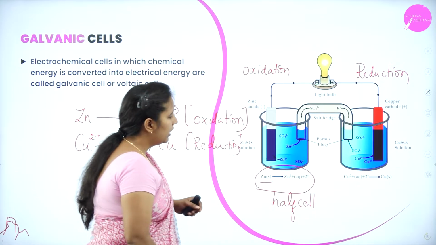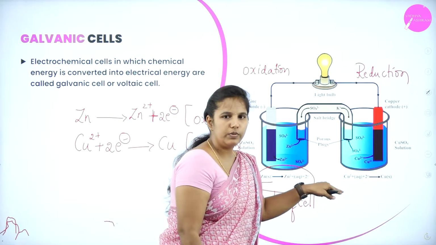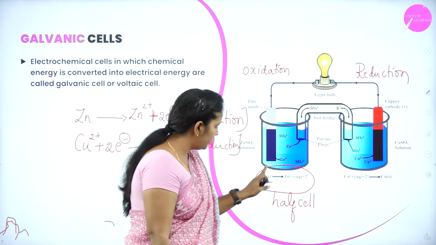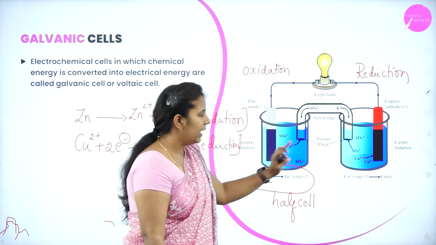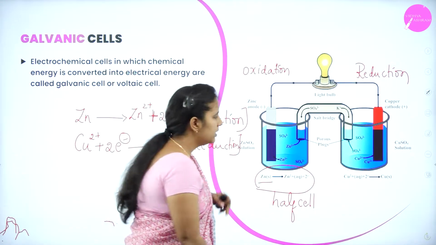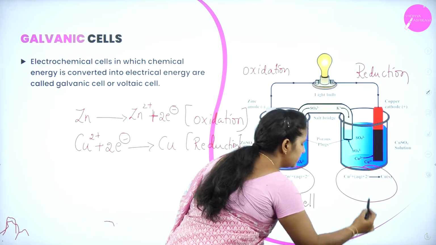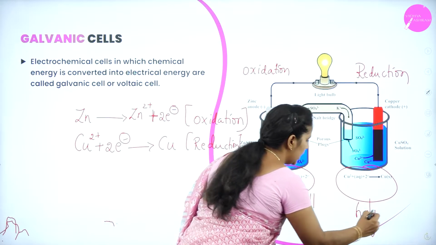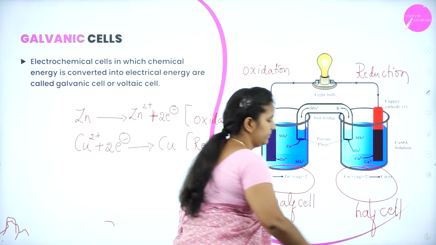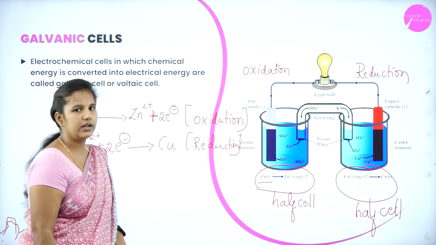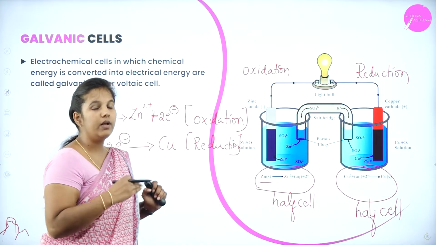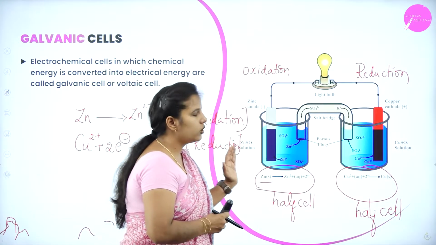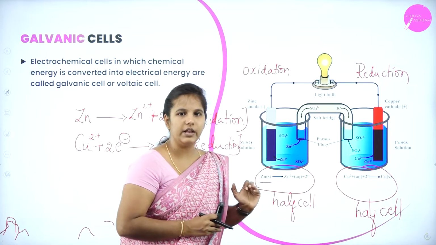And here the Cu2+ receives the 2 electrons which have been given from the zinc and gets reduced to copper. So the reduction is taking place on this side only, which is known as a half cell reaction. In the entire setup, you can see that both oxidation and reduction take place.